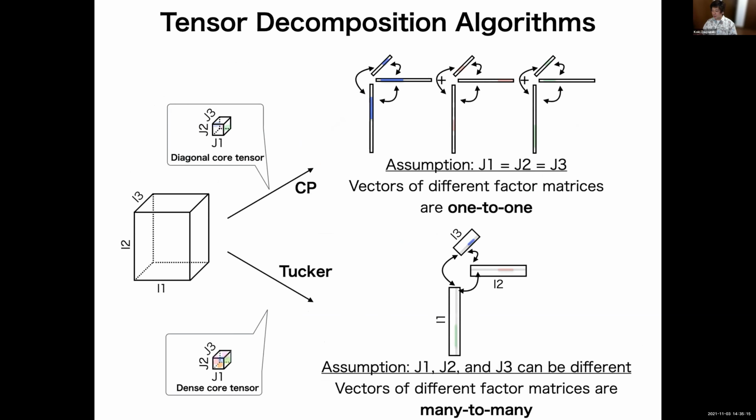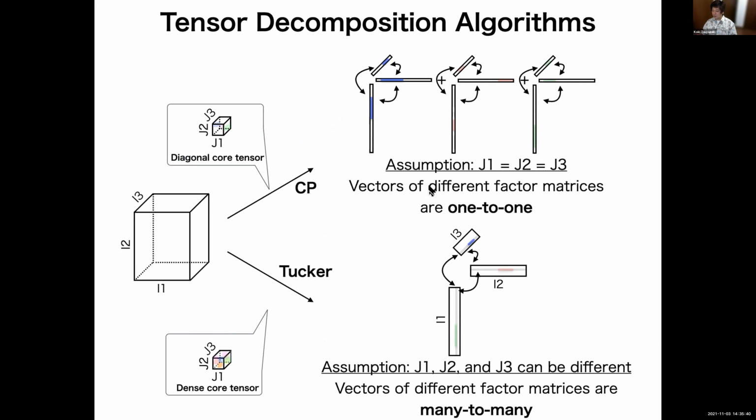There are two types of tensor decomposition, CP decomposition and Tucker decomposition. In CP decomposition, the core tensor is assumed to be diagonal, which means we have to set the number of row dimensions of all directions to be the same, which means J1 equals J2 equals J3.